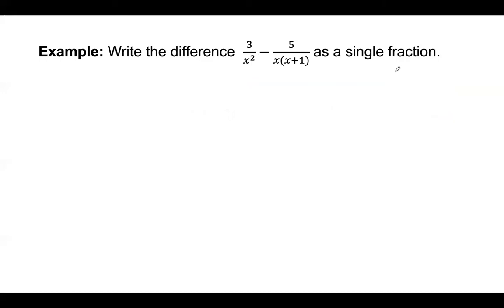So write the difference as a single fraction. So let's rewrite it. So 3 over x squared minus 5 over x times x plus 1. We can rewrite it the same trick as we did before, but we can bring this negative in front of the 5.